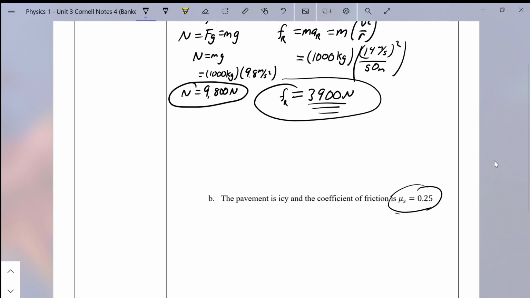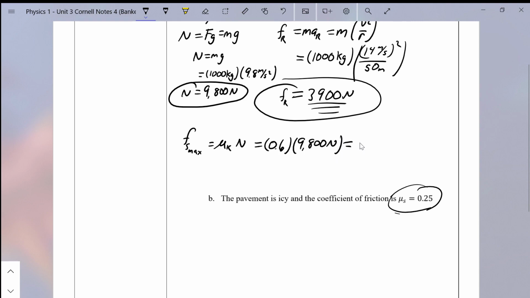To show that, we have the equation F sub s maximum is equal to mu times the normal force. We know mu is 0.6 for the dry condition. Our normal force is 9,800. We calculated that earlier.